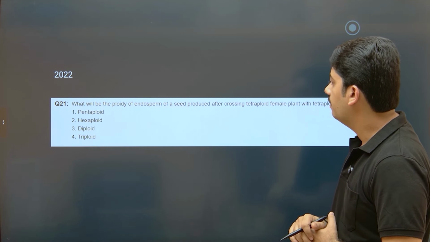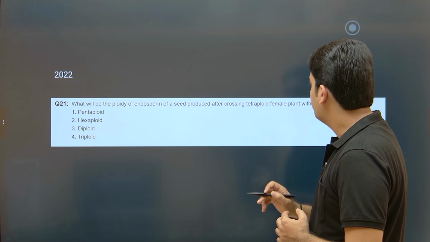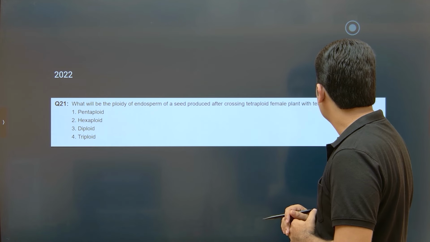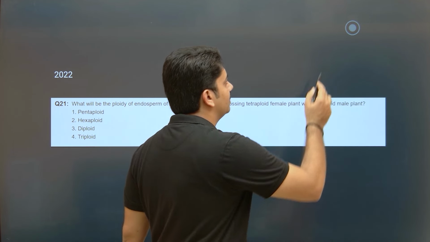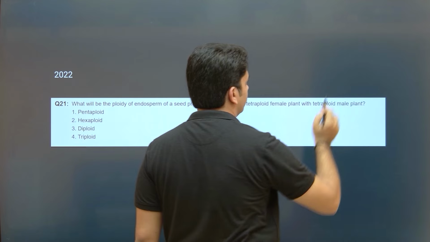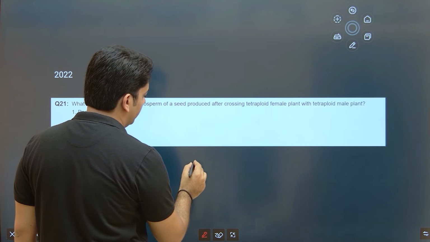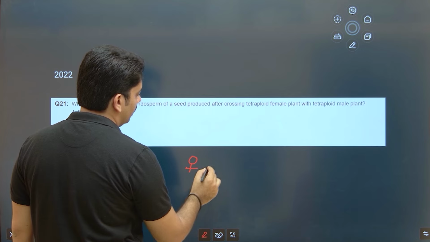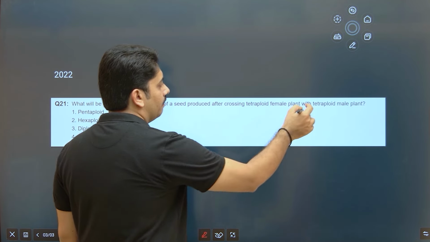What will be the ploidy of endosperm of seed produced after crossing a tetraploid female plant with a tetraploid male plant? See, this is like a problem based question. Let us see. Crossing a tetraploid female plant, let us say it is 4N, with a tetraploid male plant.